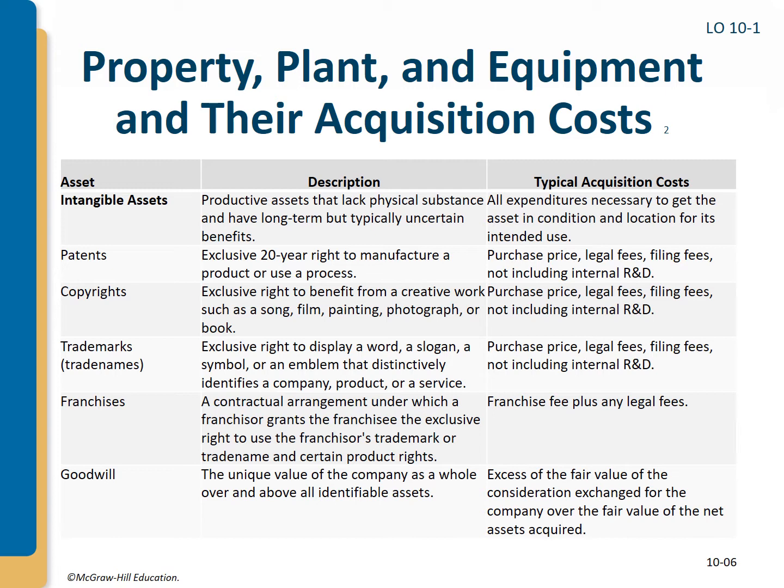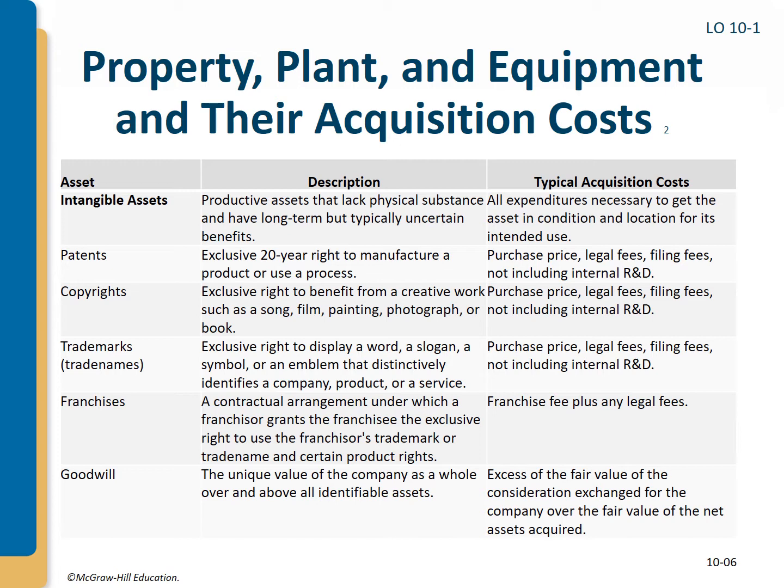Special filing fees. So legal fees and filing fees are usually associated with the person who applies for the patent. Any kind of research and development to invent the product that you get the patent for are expensed normally as incurred. They are not part of the patent.